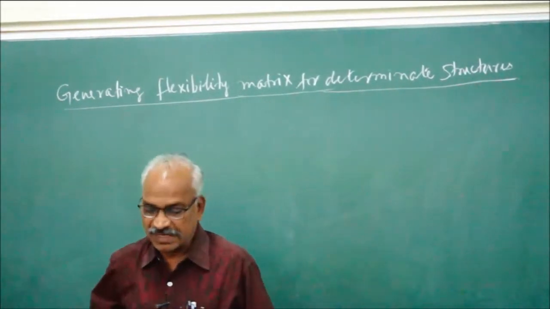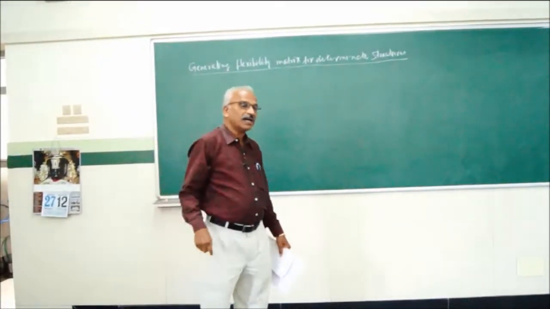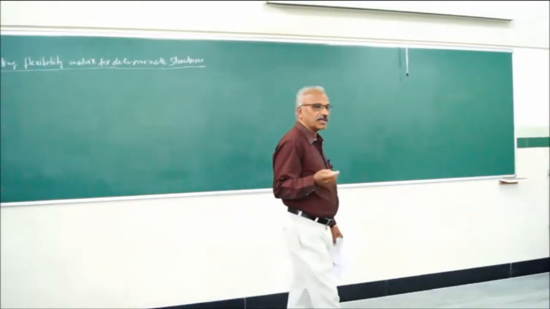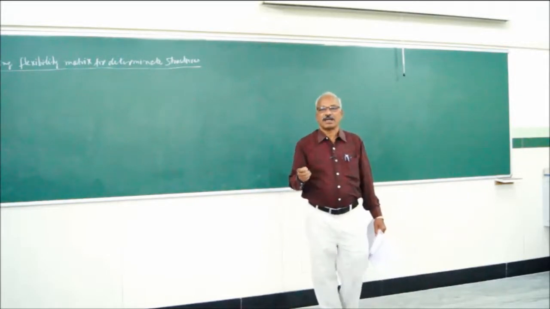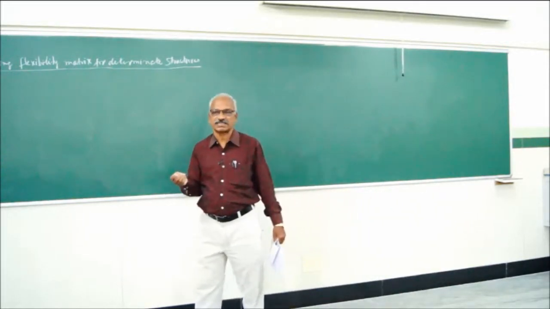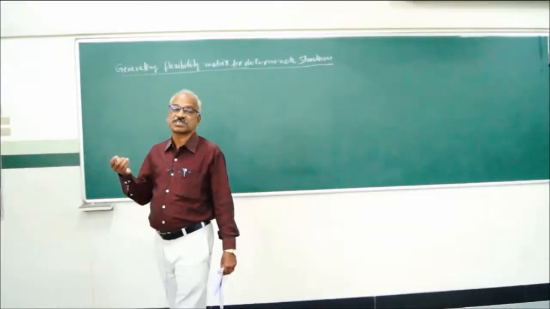We know that size of the flexibility matrix for determinate structures will be equal to n by n, where n is the number of coordinates. I told you number of coordinates will be arbitrary, you can choose any number of coordinates. So you have to assign coordinates where measurements are decided.